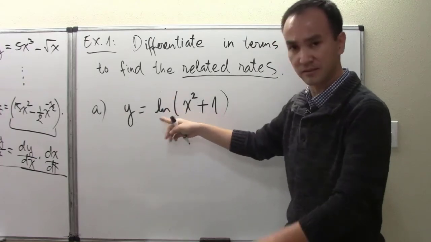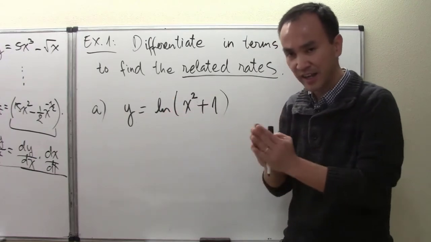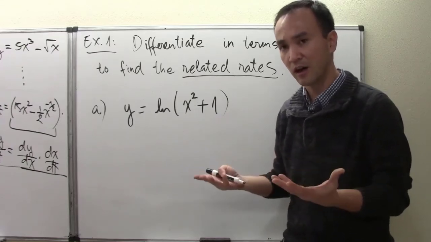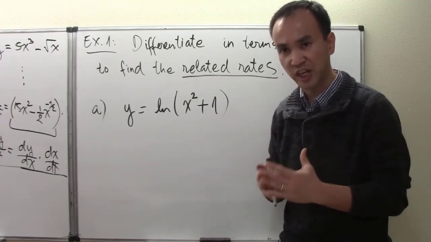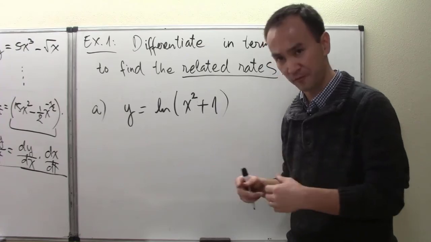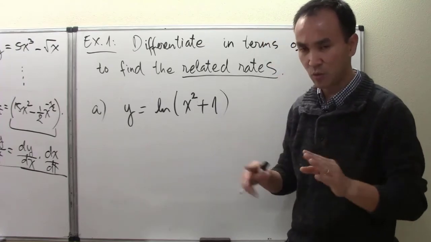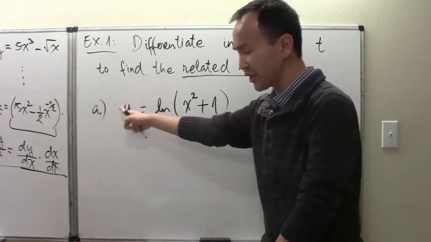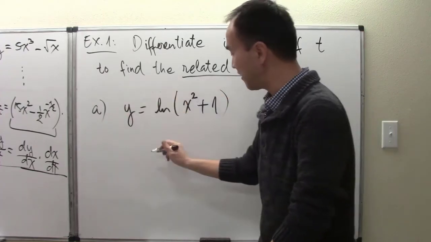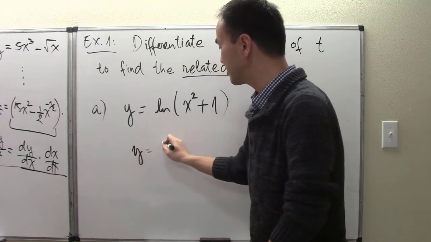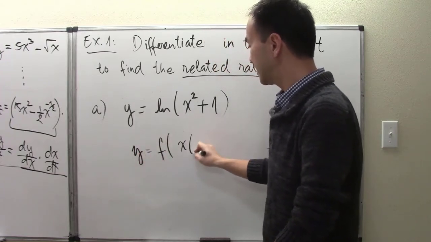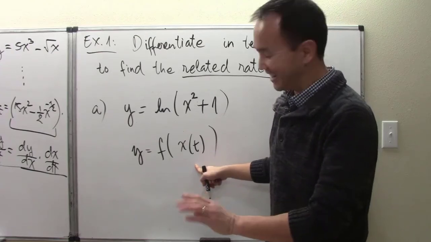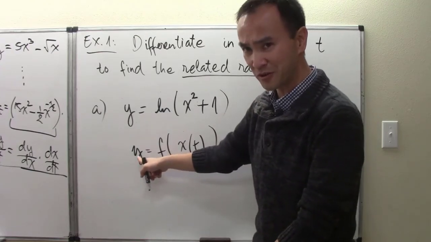For anyone learning calculus, when you arrive at this level, you should be familiar with logarithms already, and particularly how to find the derivative of a logarithm function. It doesn't matter which academic path you're going for. Generally speaking, I'm seeing this as a function expressing y as a function of x, and then x, on the other hand, is a function of t. And so eventually y will be a function of t.